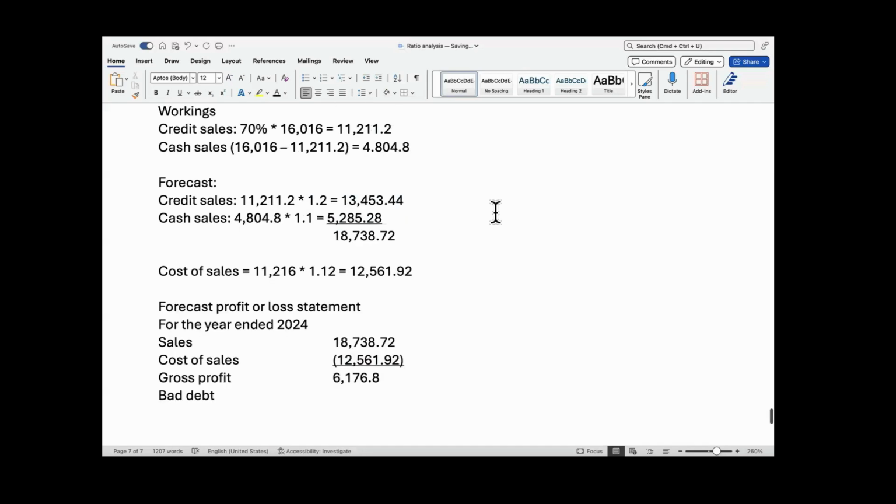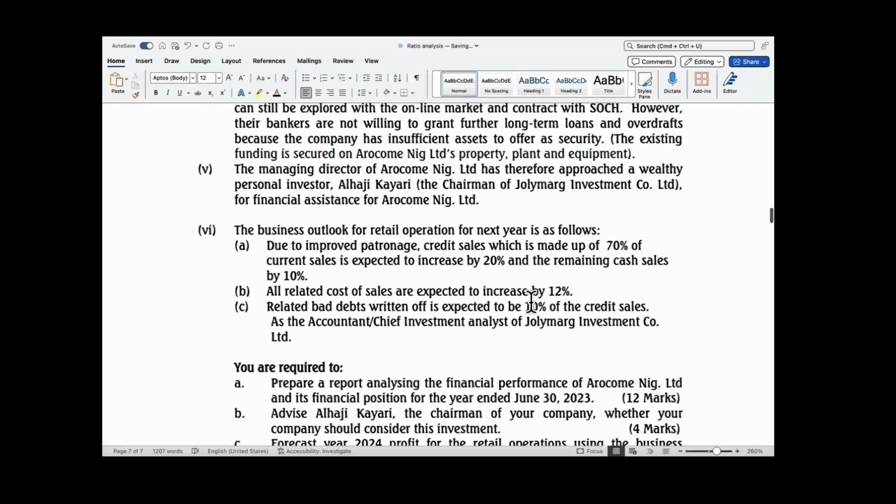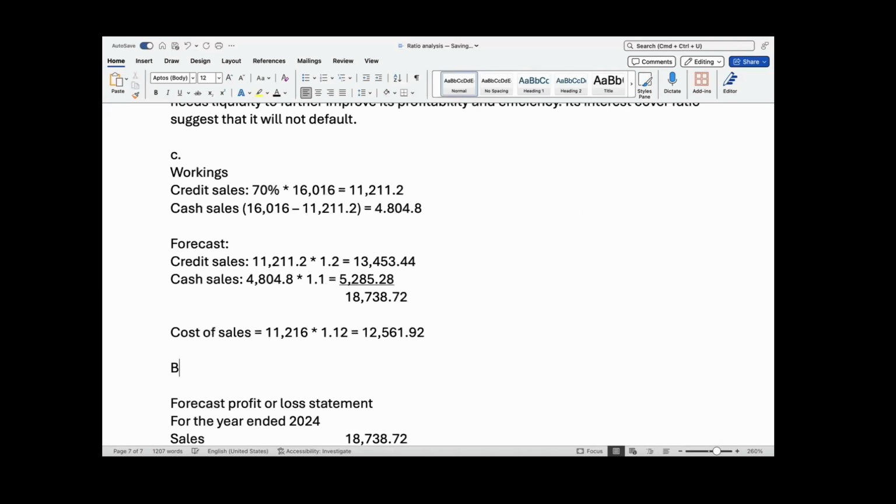And they talked about bad debt as well. They said bad debt would be 10% of the credit sales. It will be the increase, 13,453.44. That would be 1,345.